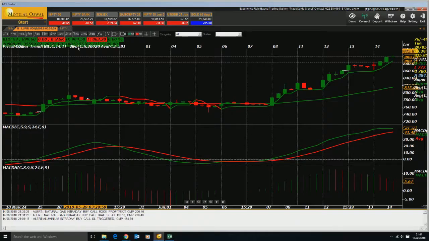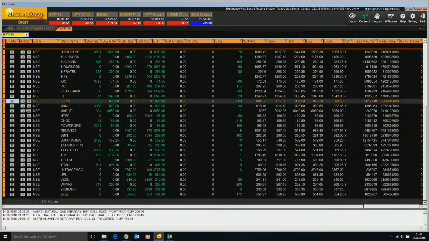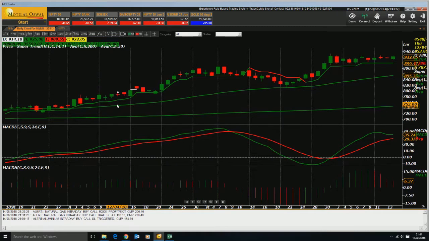Mahindra and Mahindra, it's also on an uptrend. But let me see, the MACD histogram, it's not supporting its up move. As you can see, so I have a bit of conflicting information. So it's okay.